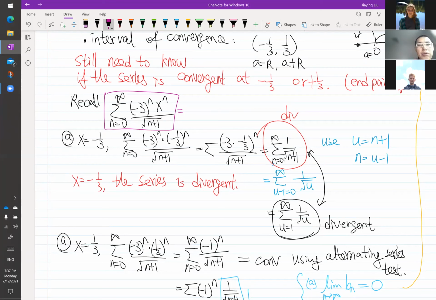And then x to the 0 is also 1. So we get 1 plus, if we put 1 there, we get -3 divided by square root of 2, and then x. And then if we put 2 there, we get -3 squared, which is 9, divided by square root of 3, and then x squared.